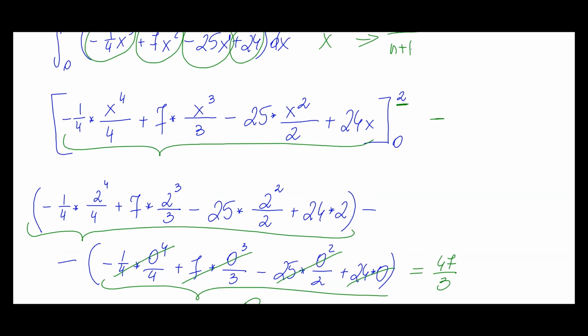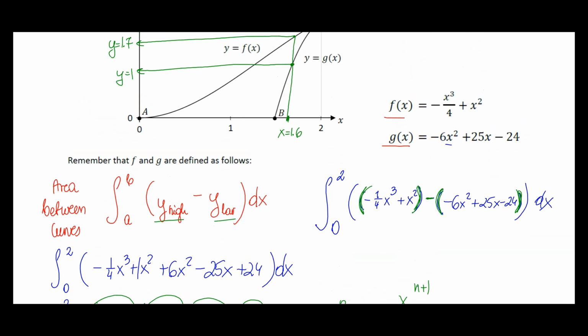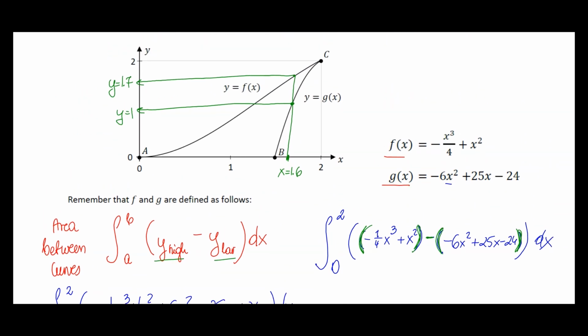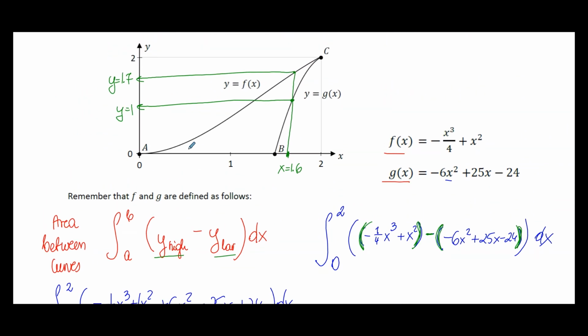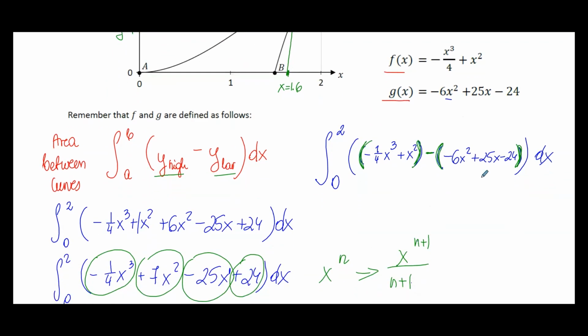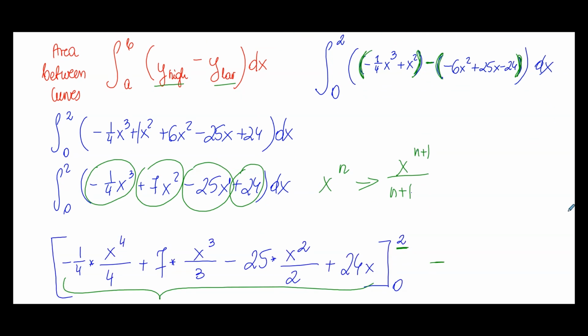So let's just restate again. How does that happen? Area between the curves: first, we consider which function has the higher values of y, which one has the lower, for the same value of x. So that's what we subtract first. Like I'm saying, put them in brackets with a minus so that you don't get confused. We simplified it. And then at this stage, we are saying we're going to integrate, so we are applying the formula to each element.